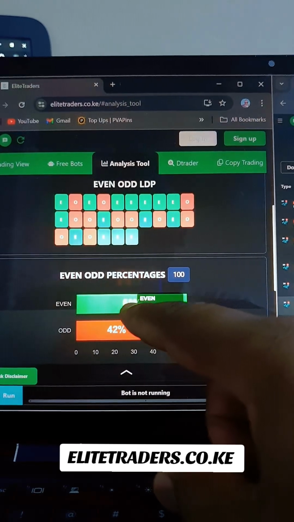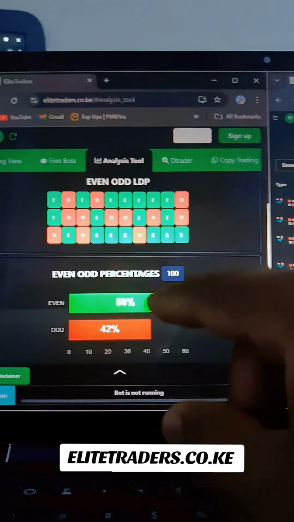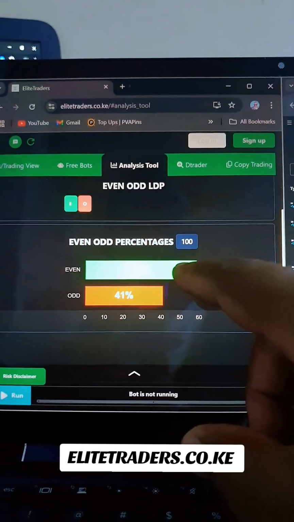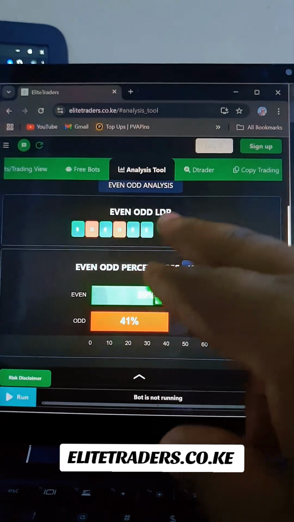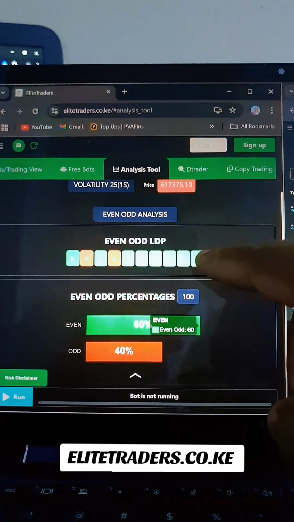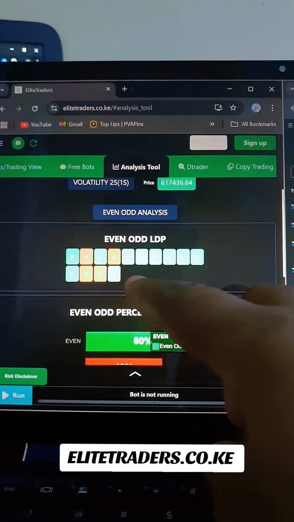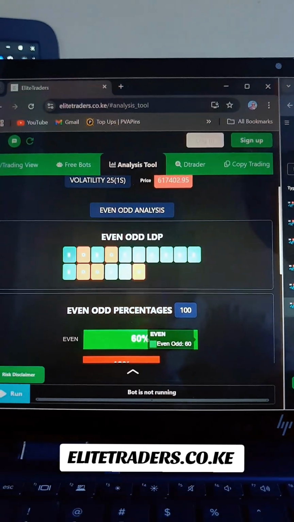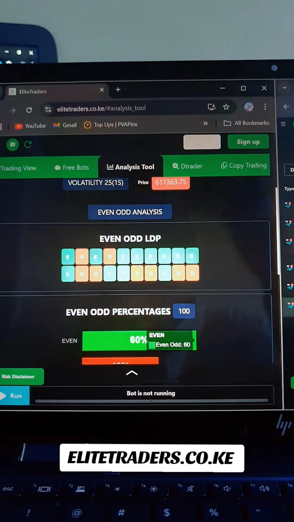Right now even is on a good momentum, so this is the best market to trade, with low chances of losing. Then on this LDP and riser, if you are trading even, you wait for at least 3 consecutive odd digits followed by an even, then you run your robot on even contract. It's that simple.